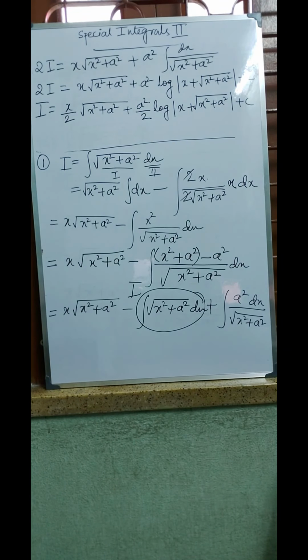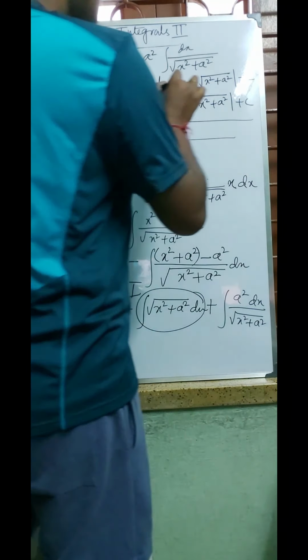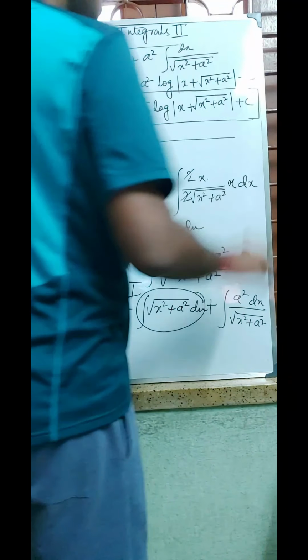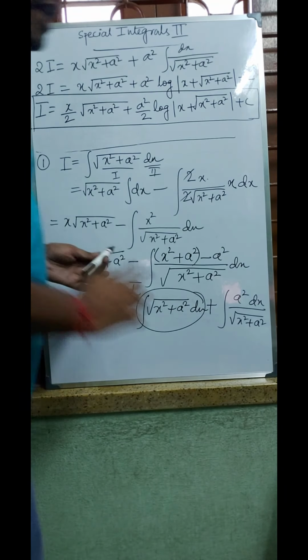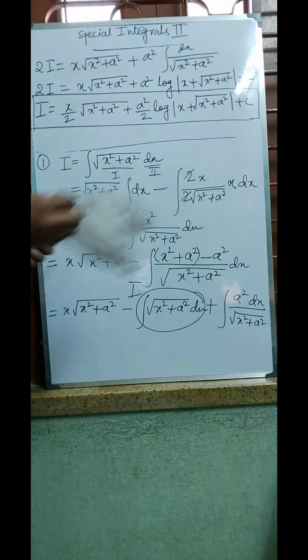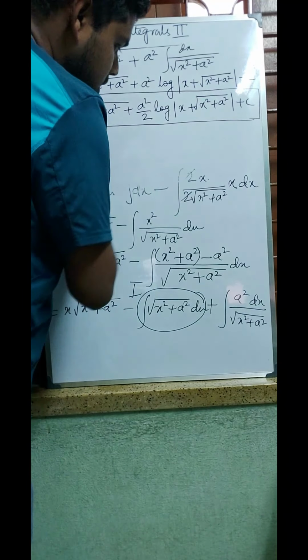So this is what it becomes. So this is basically your formula which you will be using in the problem, right? Now let me write the formula for the other integrals.